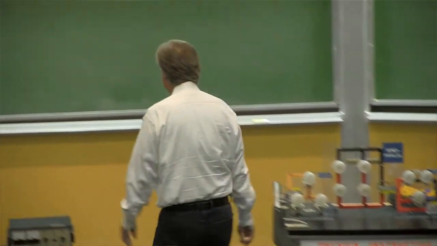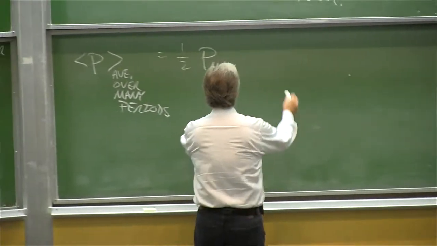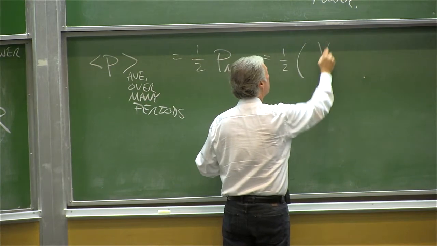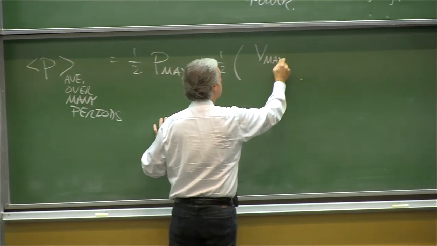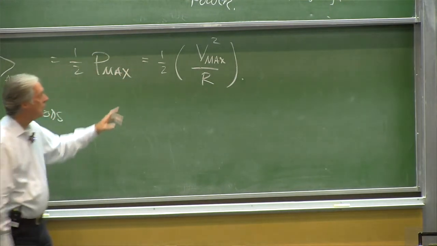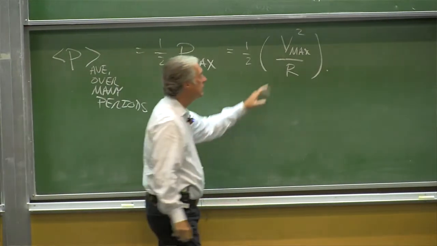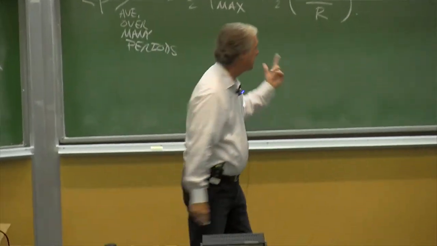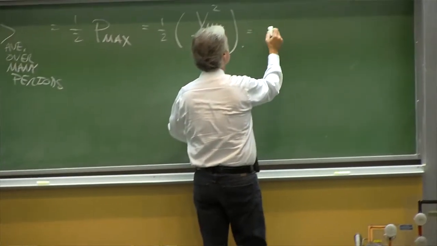So when we look at 1/2 V max squared over R, oh, doesn't it look like I have to do a V max? Watch this.